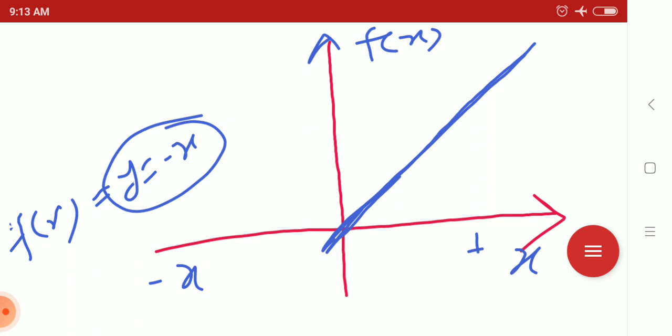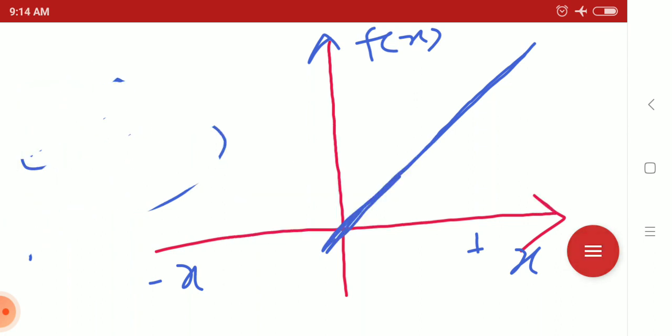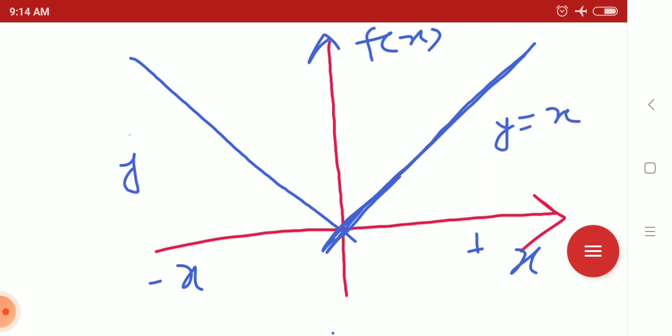So we can represent the graph of f of x equals minus x for x less than 0 in such a way. This is y equals x, this is y equals minus x, and here it is the origin.